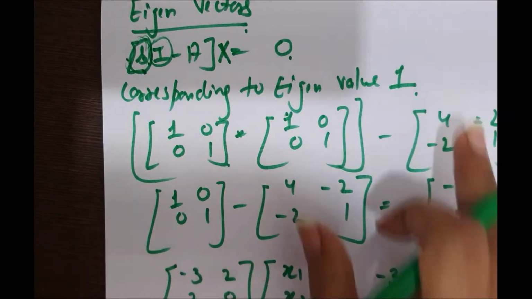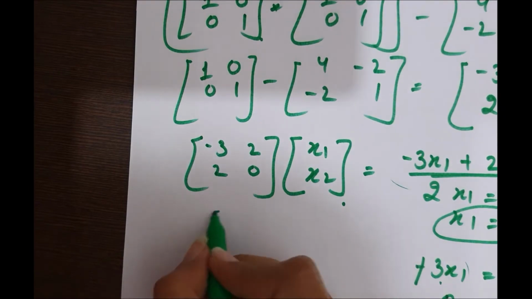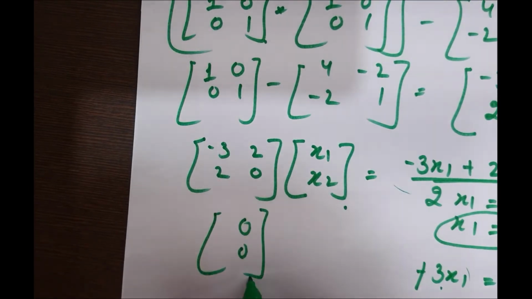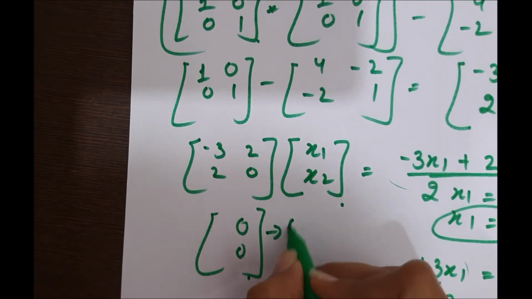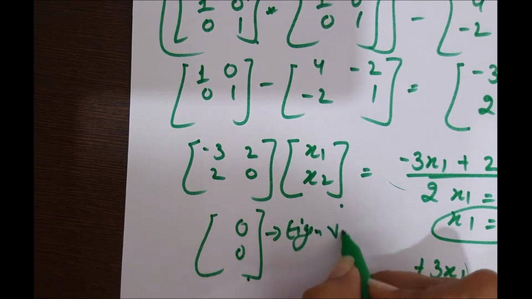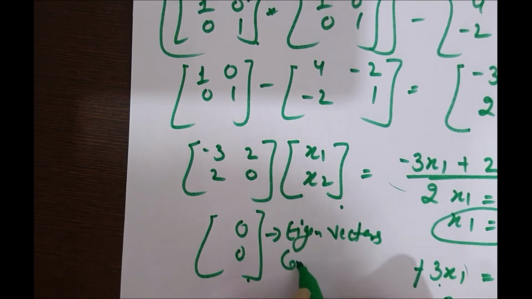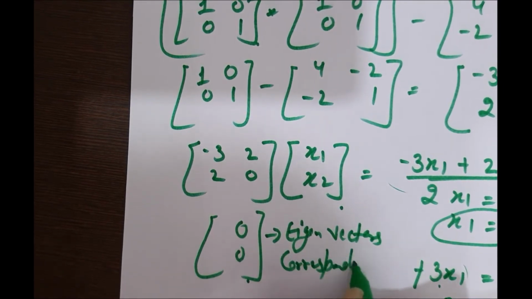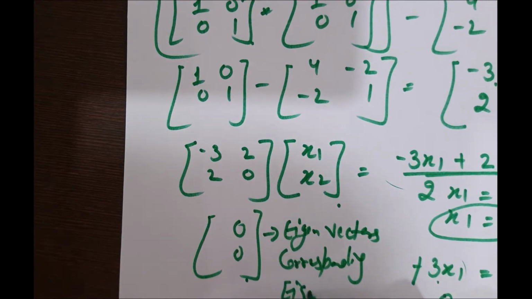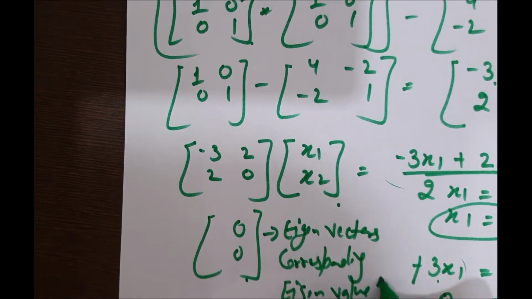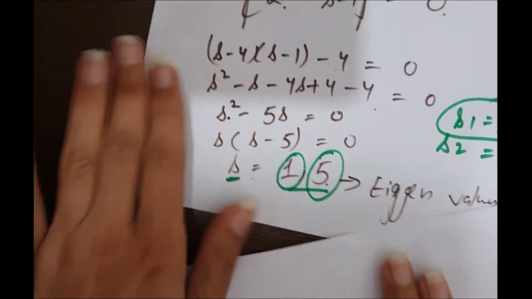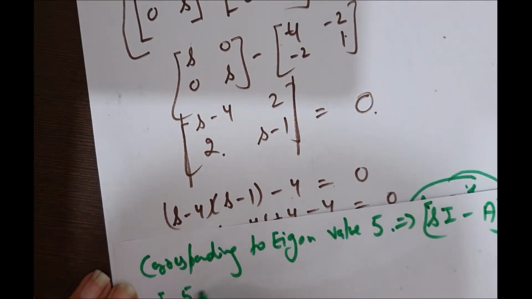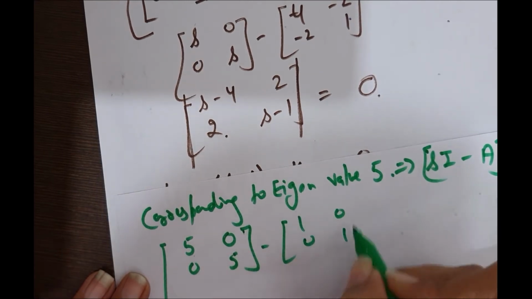Corresponding to eigenvalue 1, the eigenvector that we got is 0 0. Now corresponding to eigenvalue 5.